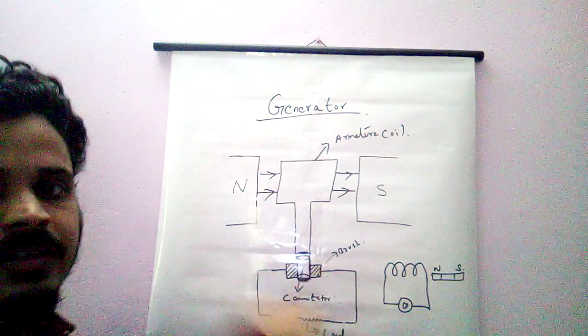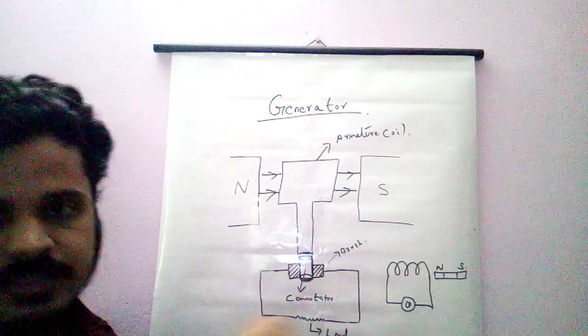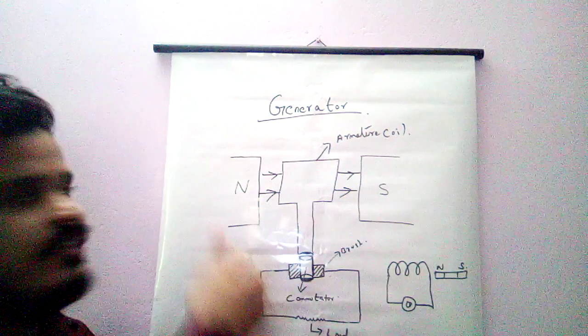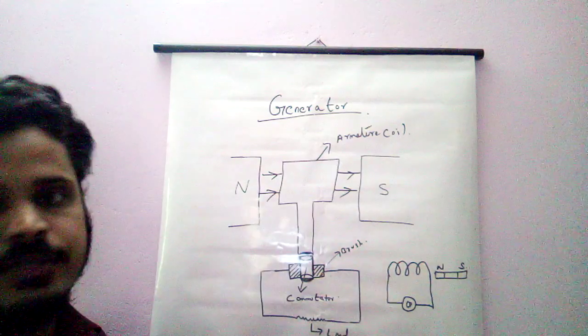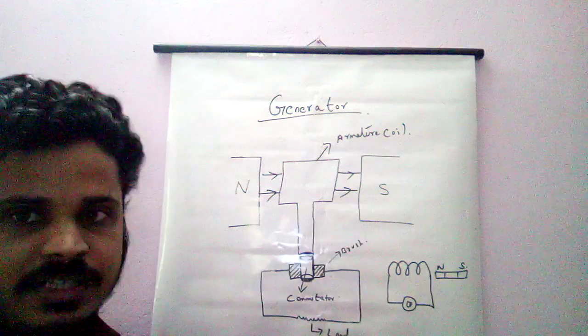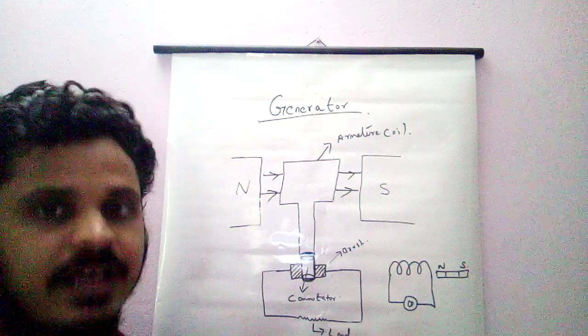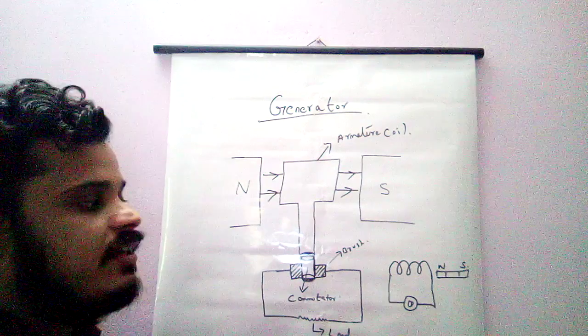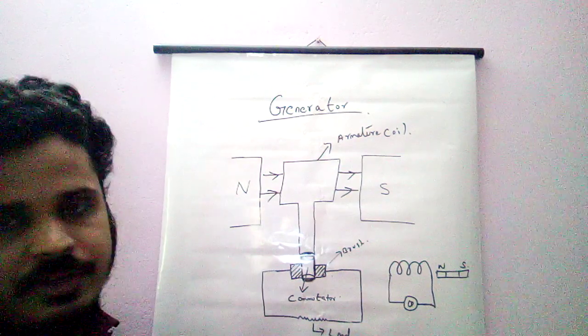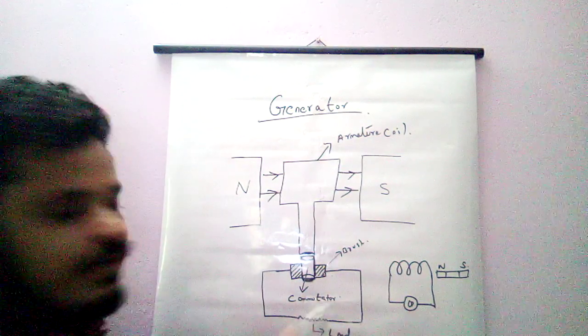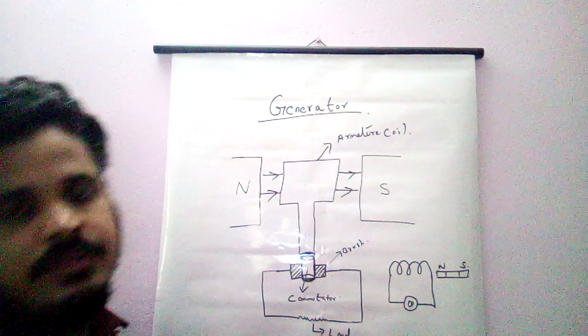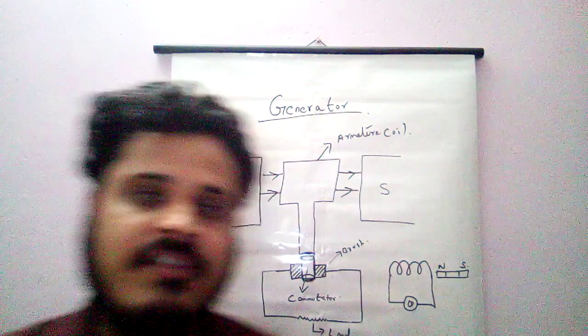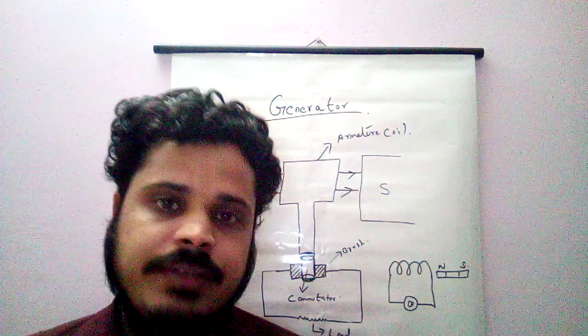This process repeats, so there is a change in the magnetic field lines linked by the armature coil. This creates a potential difference and thereby a current. This current is basically AC, and we convert that AC to DC using a commutator, and it is delivered to the load. This is the basic principle of the DC generator.